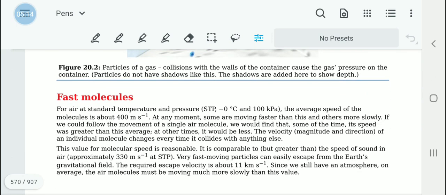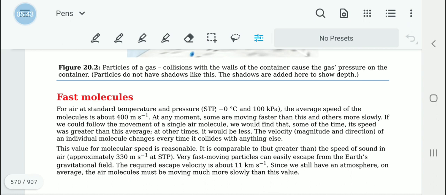Then we come to discuss something called fast molecules. For standard temperature and pressure, STP, this is not room temperature. Remember that this is standard temperature and pressure. It is 0 degrees Celsius and 100 kilopascals.